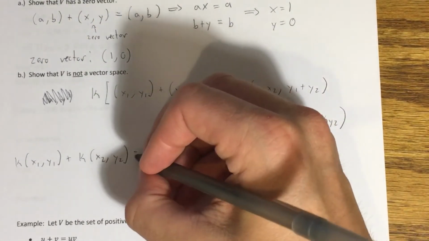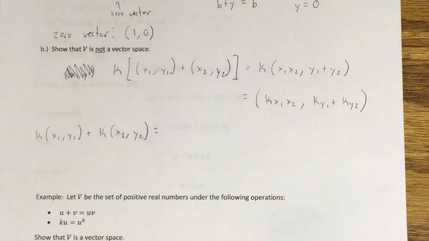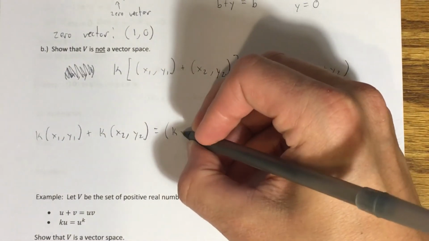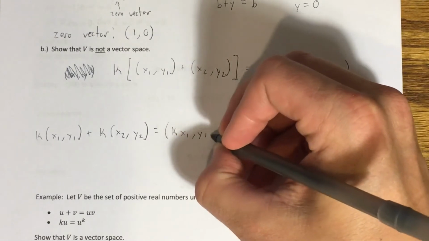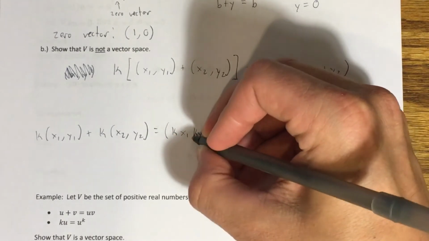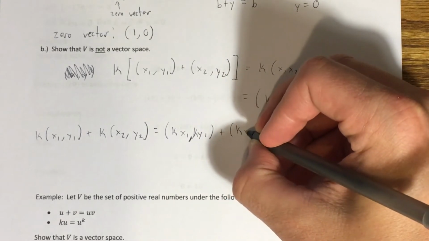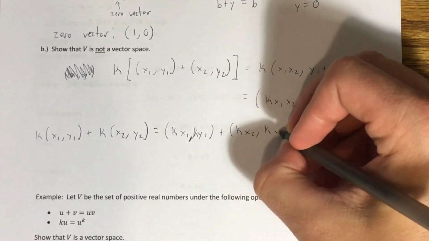In this case, I'm doing the scalar multiplication first, which again looks like normal scalar multiplication: k x1, k y1, plus k x2, k y2.